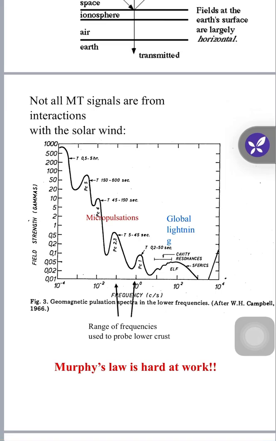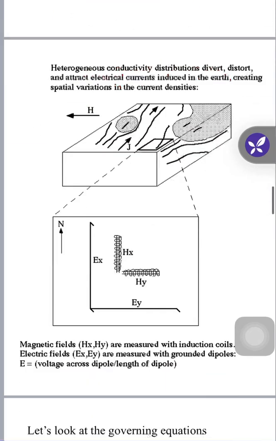The range of frequencies used to probe the lower crust is 10 raised to the power -4 to 10 raised to the power +4 versus field strength. This is a very good display of the conductivity distribution and the way it is measured.